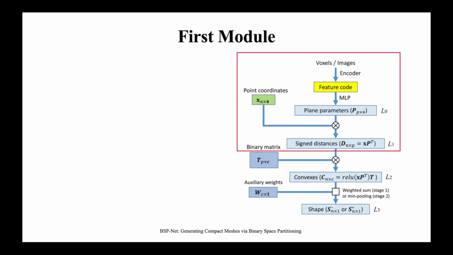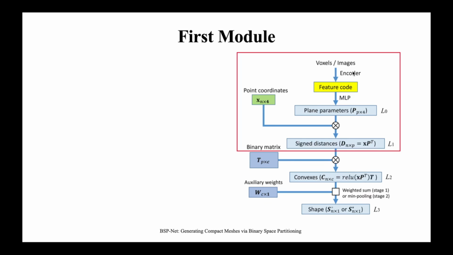Inside the red box is the first module. It uses multi-perceptron layers to transform the learned feature vector into parameters of p planes. The feature vector is an output of a pre-trained encoder. For 2D images, the authors use a simple 2D convolutional encoder.